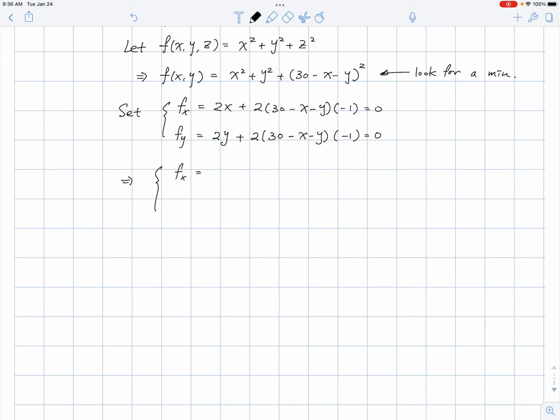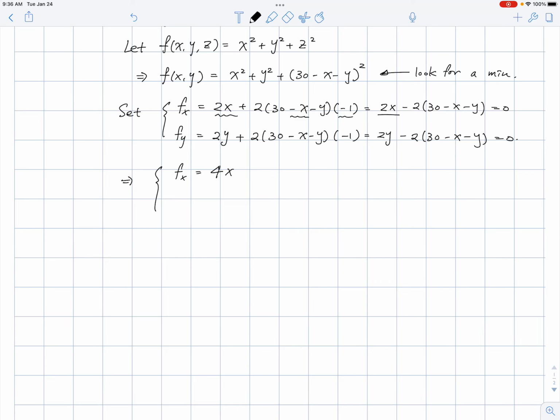We get df/dx equals 2x minus... this is a little bit hard to read, so let me combine the negative sign so it's an easier read for us. 2x minus 2 times (30 minus x minus y), and this is 2y minus 2 times (30 minus x minus y), equal to 0.